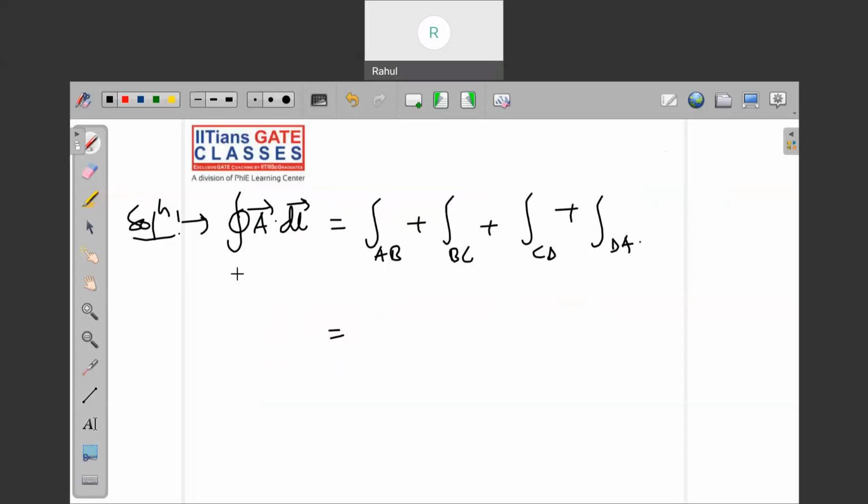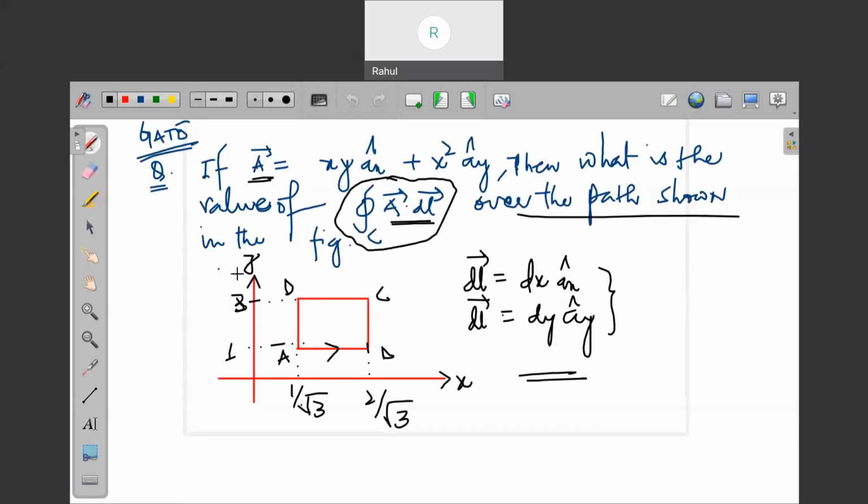Okay, so there is a trick. If you're moving from A to B, you have to take the limit of this dx from 1 by root 3 to 2 by root 3. And once you take the dot product of the vector with the dl vector, this ax dot ax will give you unity, and the component in the y direction is going to be 0.